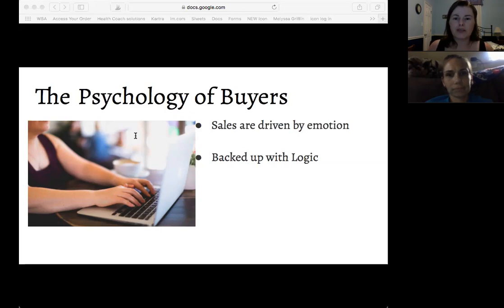We use logic because that's how we rationalize decisions. But buying is largely driven by emotion. So a big part of the sales process is drawing on the feelings they have about their condition and their situation, and working through it.